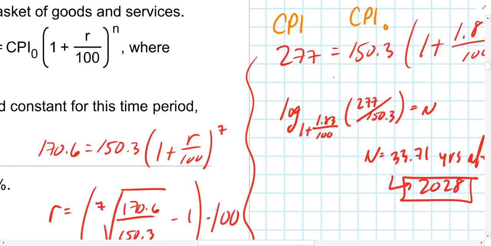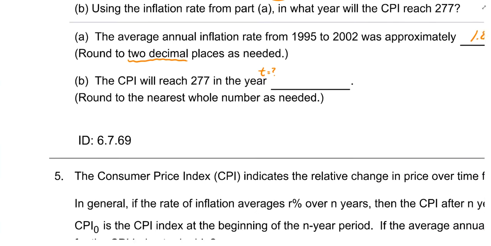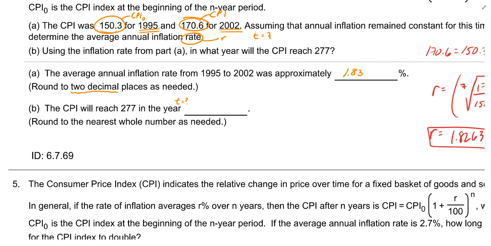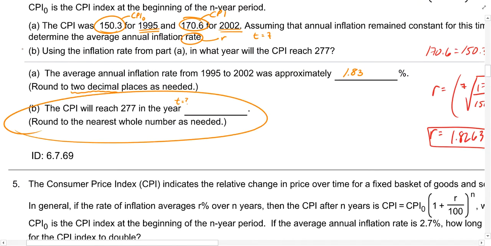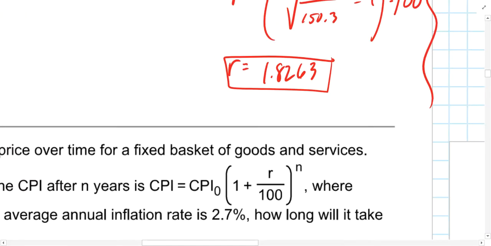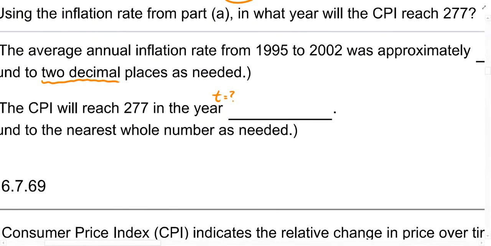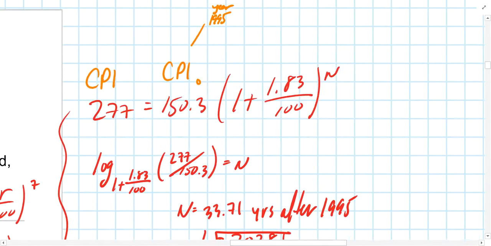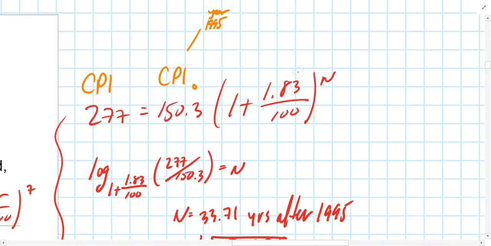We just calculated the interest rate, and let's see here. They're not real explicit with this, at least not in the instructions down here, but this commentary right here does say using the inflation rate from part A, go ahead and calculate B. So we're not going to use the extended result that we may have gotten on our calculator. We're using the actual result that we got from part A, which was 1.83%, and that's why we're using it in this expression here.